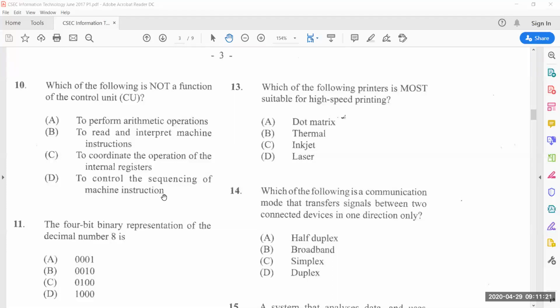So A, yes, A is not a function of the control unit. That is actually a function of which component? Right, very good. The ALU, the arithmetic and logic unit.